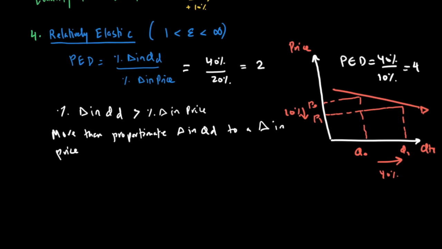So in this case, there is a more than proportional change in quantity demanded to a change in price, and the reason is basically that there are many substitutes available.